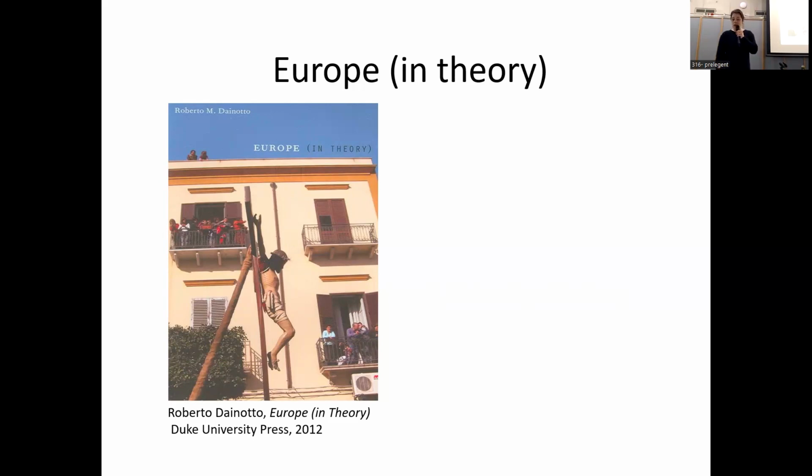What Dainotto wants to do is basically to speak from the south of Europe, and this is why he chooses this image. But I take this just as a cue because the title is, I think, very cleverly chosen.